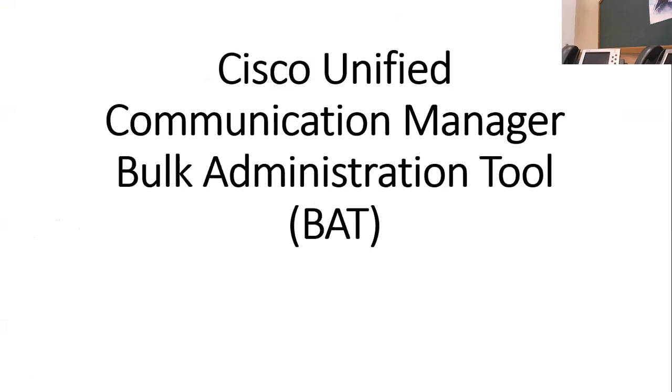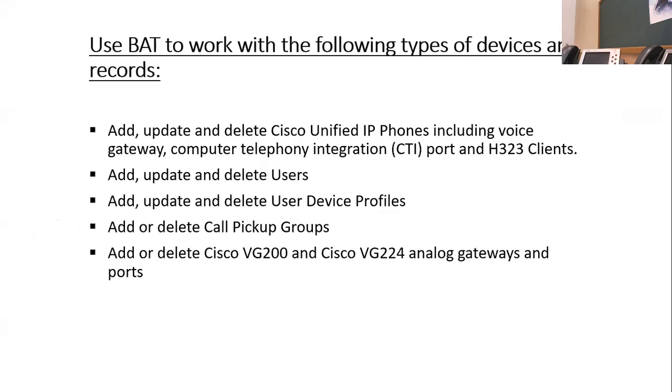Now, let's move on. Use BAT to work with the following types of devices and records. So these are the things where we can implement the BAT operation. You can add, update, or delete Cisco Unified IP phones, including voice gateways, CTI (computer telephony integration) ports, and FTP clients as well.